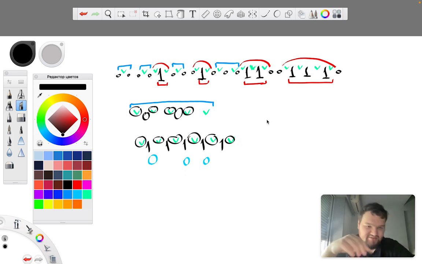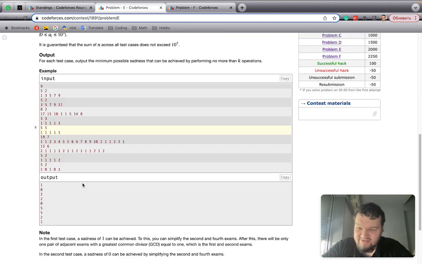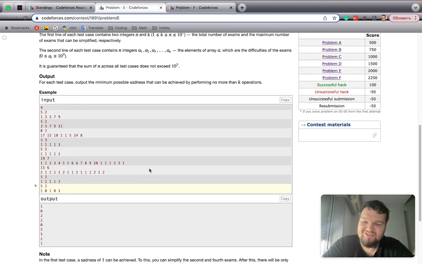And there is a special case where everything is 1. Actually, I'm interested if there is such a sample. There is, so they're generous.